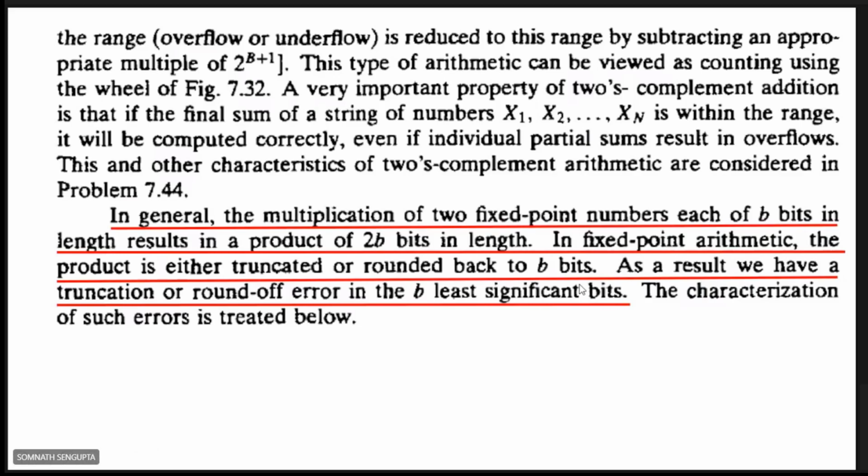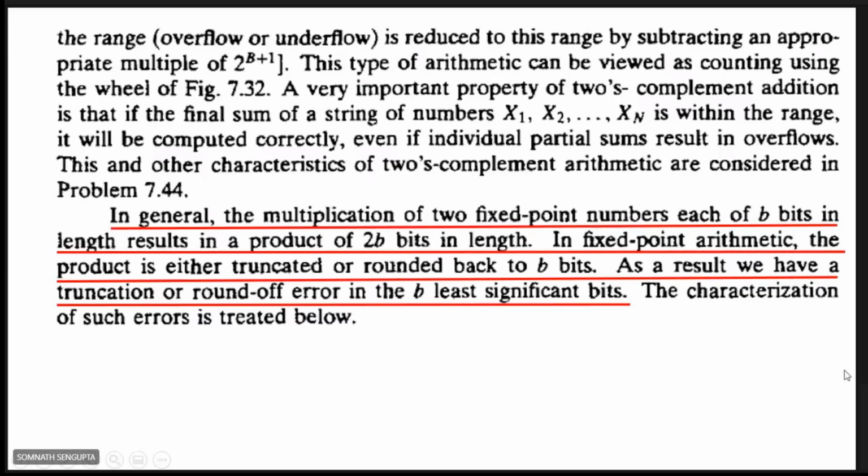That means if your storage capacity is not 2b bits, then you have to truncate the result to a lower order value. If your storage capacity is only b bits, then 2b bits should be truncated to b bits. This will result in some error due to the truncation of the filter coefficient. This kind of effect is called round-off errors.